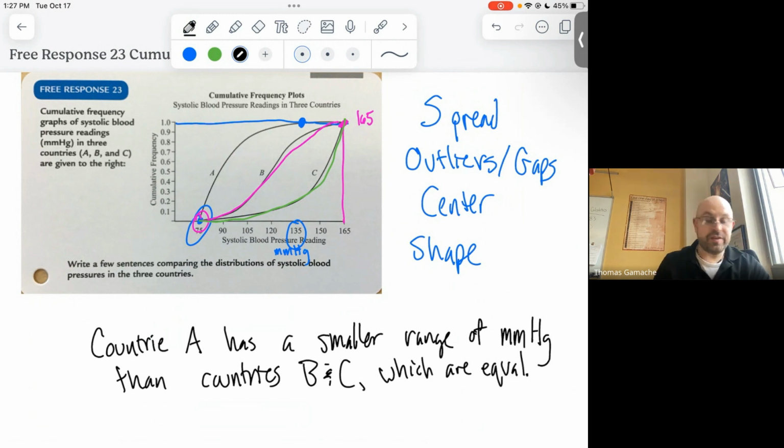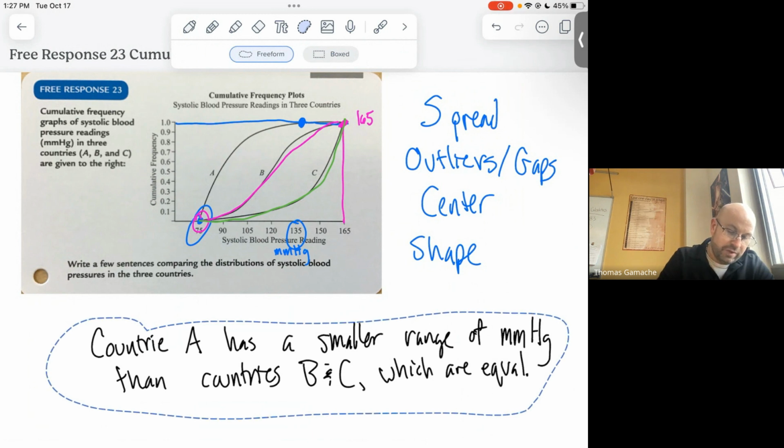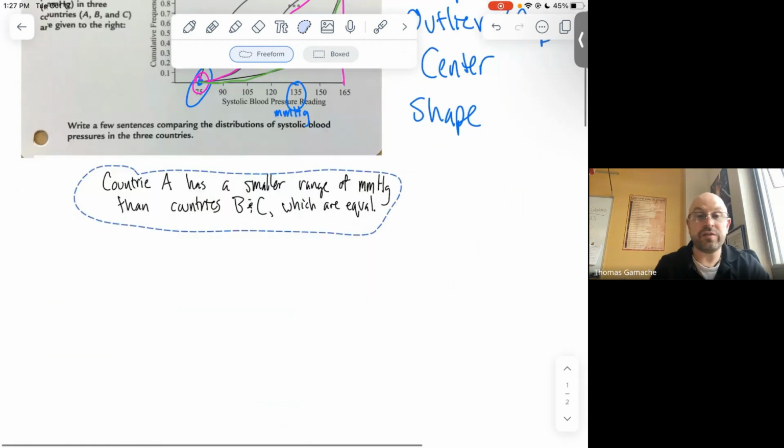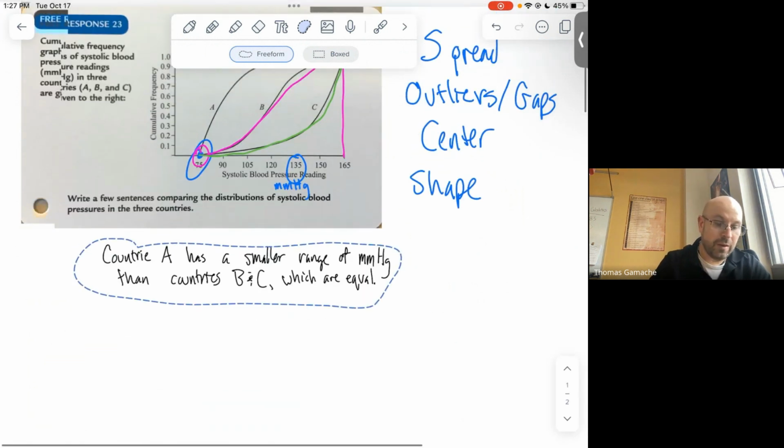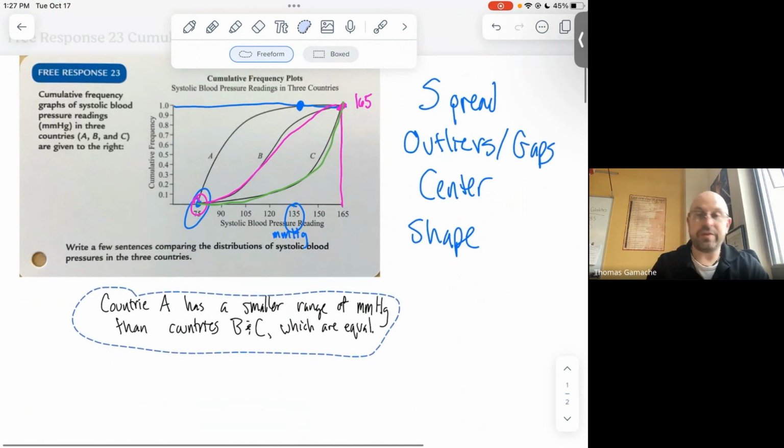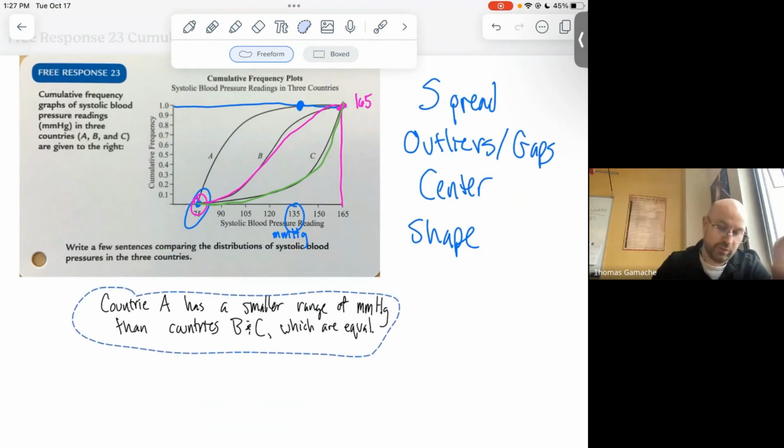Notice I'm not getting specific about numbers here. When it's asking to compare, just talk about which is greater or less. I mean, you can use numbers at some point if you want to, but when you're doing comparisons, think about things like greater than, less than, equal to.